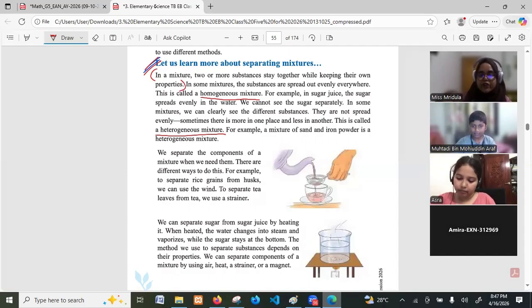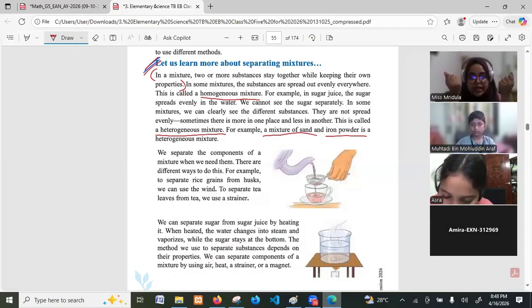Okay, so an example of a heterogeneous mixture is what? A mixture of sand and iron powder. Even if we put one handful of sand and one handful of iron powder, and we want to mix them very evenly, it will not be even.